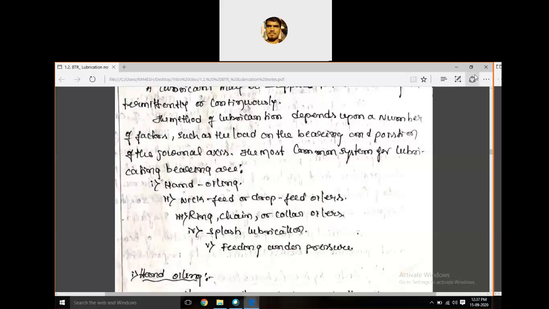In that, you observe that we manually apply the grease between the two meeting surfaces just to reduce the friction. So it is a common example of hand oiling, that is, using a pressurized gun to apply the grease. So it's the first type.